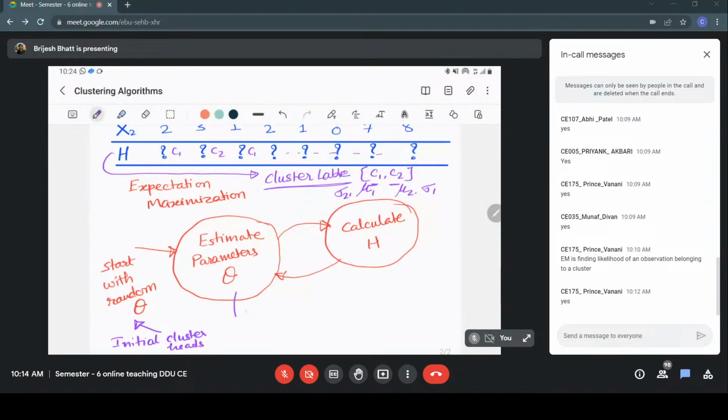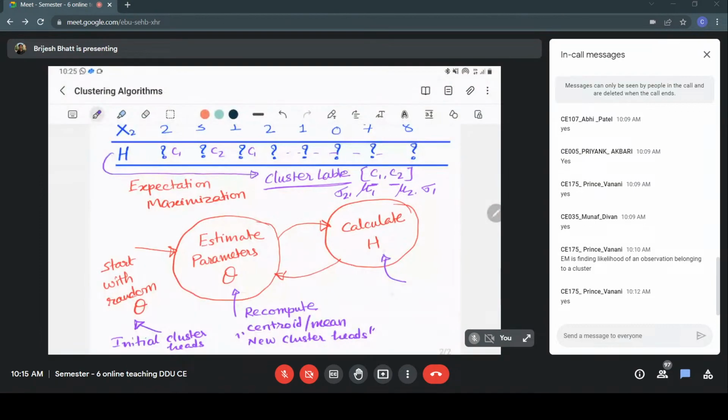Right? Then this is recompute centroid or mean, that is the new cluster head.